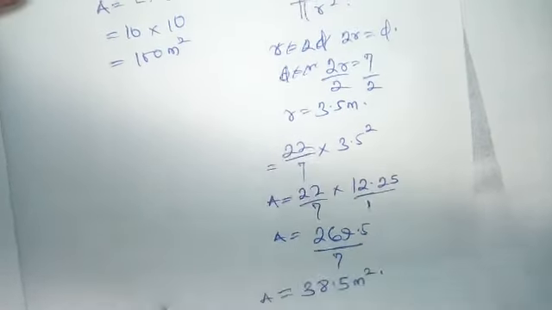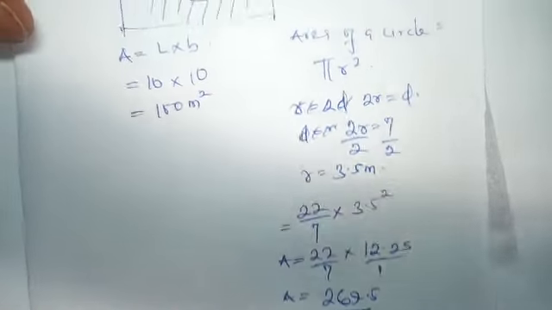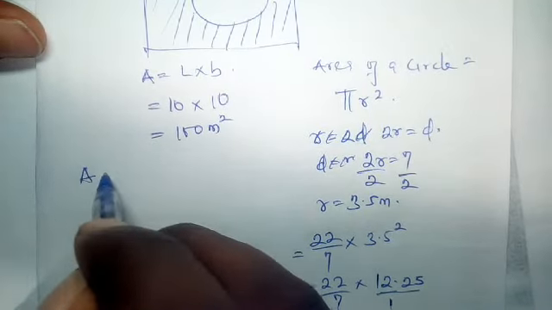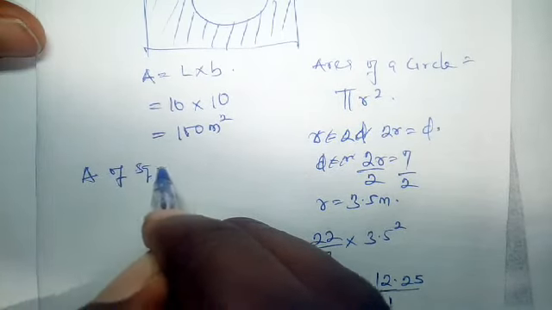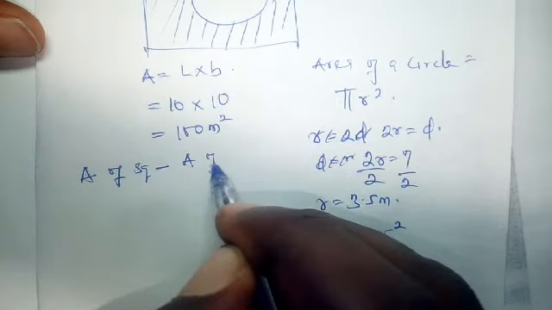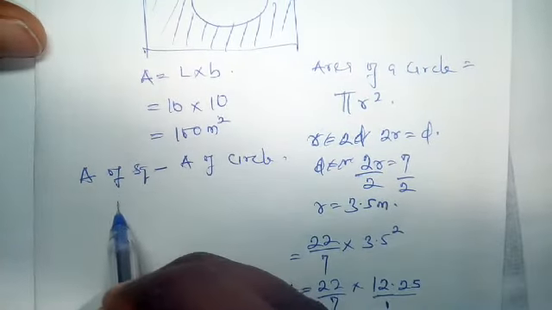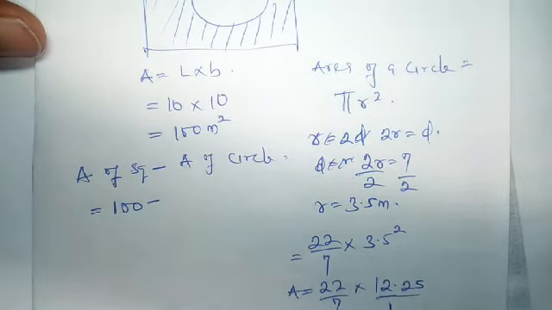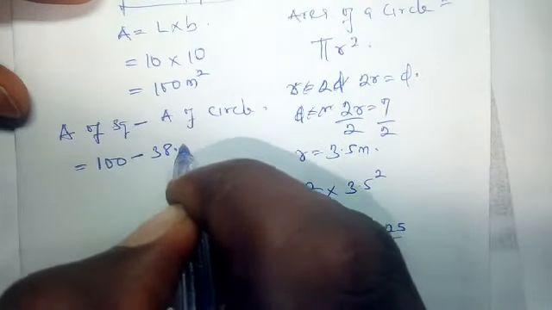Okay, now let's move back to this square and try to subtract and see what the answer will give us. So now, like we said, area of the square minus area of circle. So for area of a square we obtained 100 minus area of a circle we obtained 38.5.